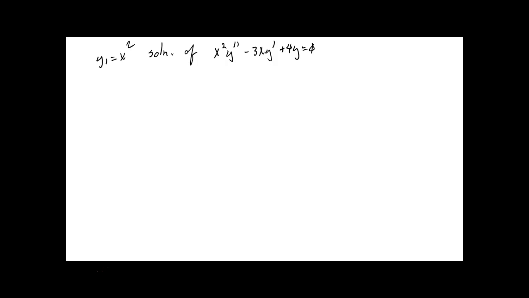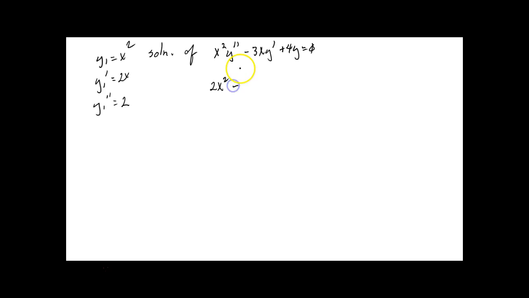Okay? And have I told you before I'm a cynic? I am. I want to make sure that's right. So let's do it quickly. y1 prime would be 2x, and y1 double prime would be 2. So let's see. Here we have 2x squared, agreed?